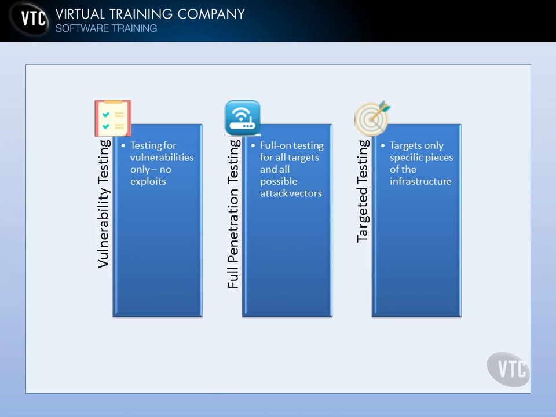Or maybe it's a physical security test and you're trying to break through the physical security barriers of the organization. Maybe it's against just a database or against a particular server. Maybe it's against a small section of the organization, like the finance department. In any case, targeted testing doesn't do a full-on test on everything. It targets specific systems, pieces of the organization, parts of the infrastructure.